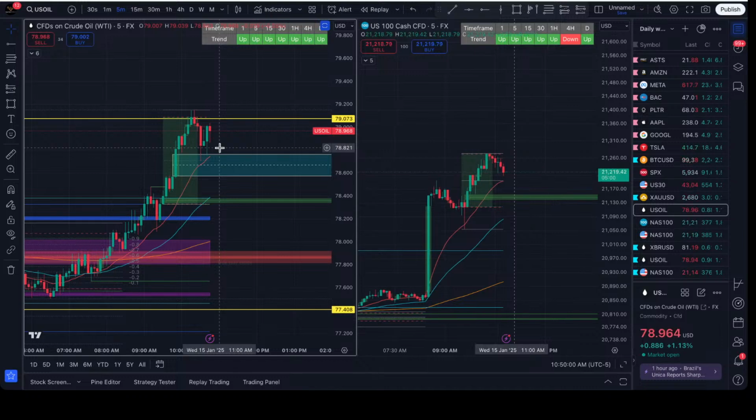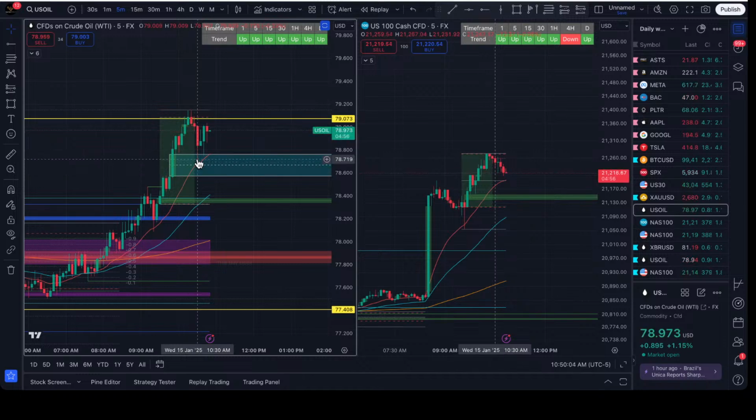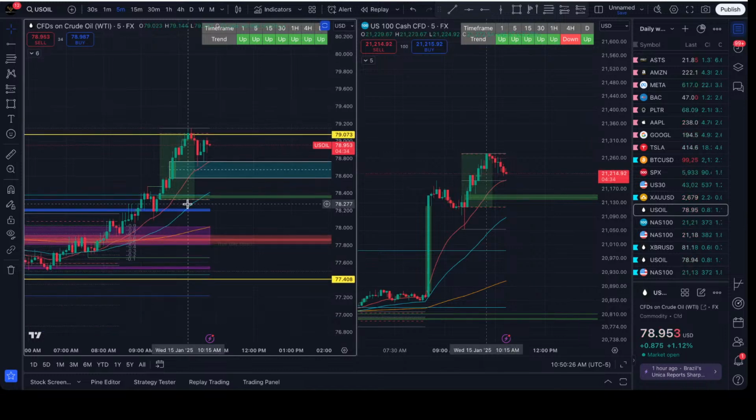Looks like they're just engineering new liquidity. I'd like to see it drop, take out this low, tap that 20 properly, and then push up and create a fair value gap. And then that fair value gap will be our point of interest. And then we just want to get a confirmation, tap the first fair value gap, go for 1 standard deviation. That's our goal. Let's see if the market gives us that today.